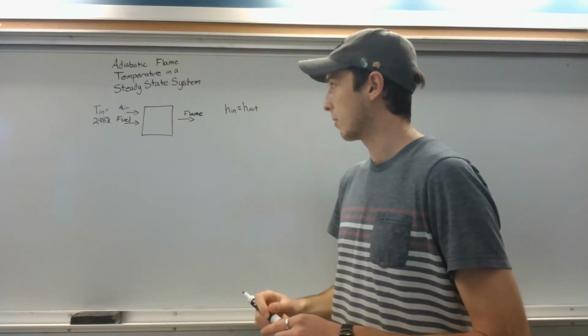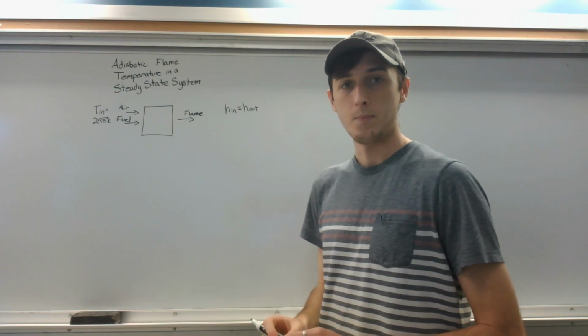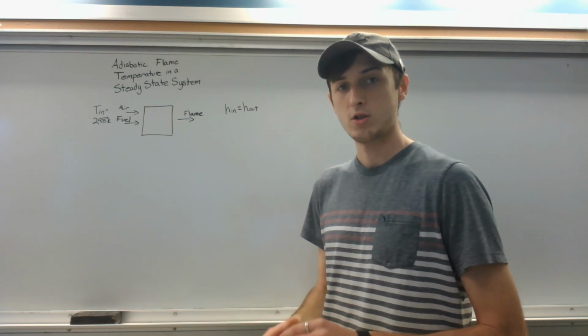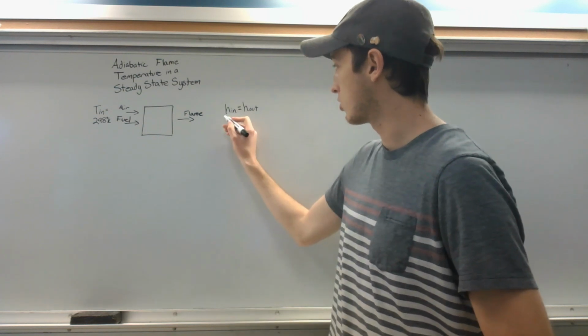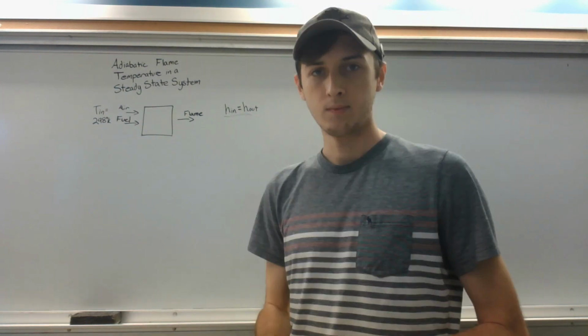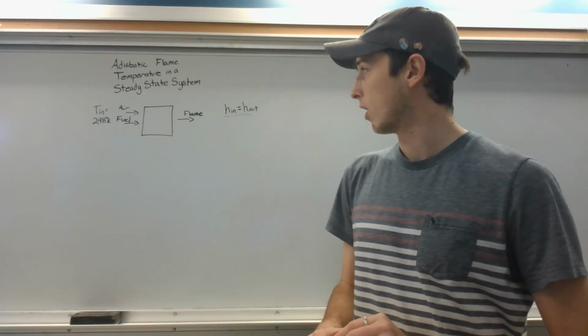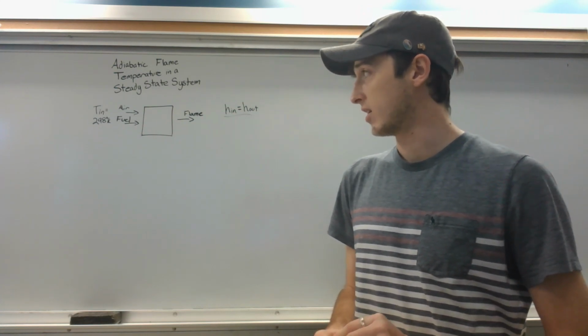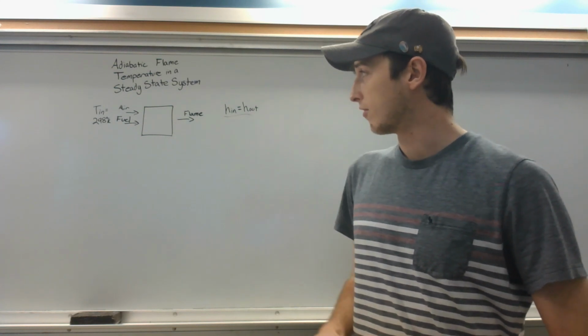Normally that's set up as an equation that deals with potential and kinetic energies, but in this system that is all negligible. So we're left with Hn is equal to H out. Because we're looking at this as a changing system, we have to take into account the integration change from the flame.